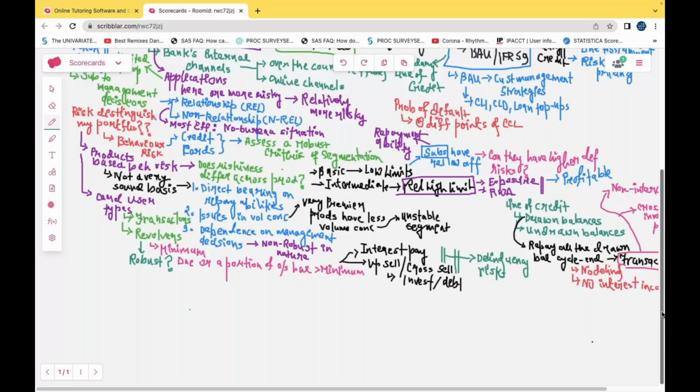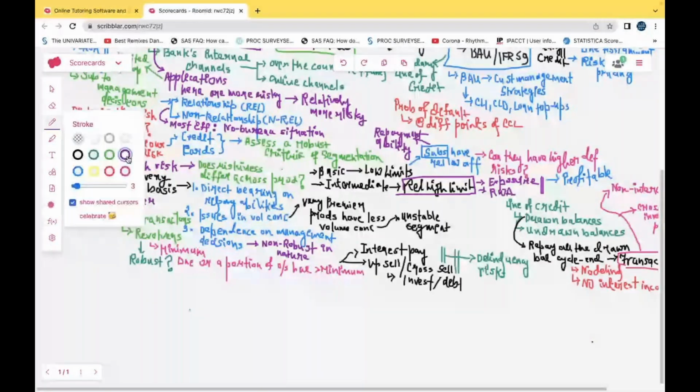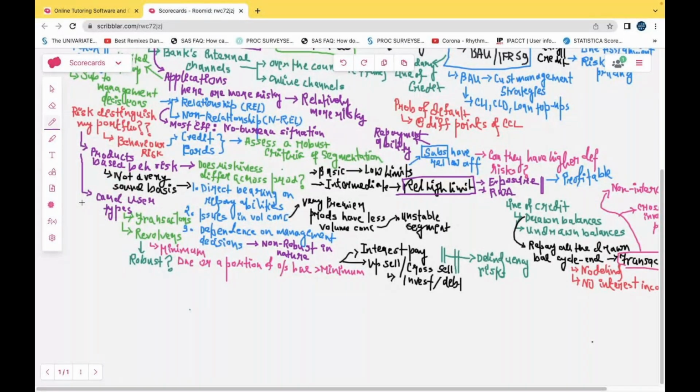Now I'll start with delinquency based segmentation, because this is a very critical segmentation, mostly for behavior scorecards. We discussed two broad platforms of segmentation yesterday: one was product based behavior risk, the other was card user type risk.